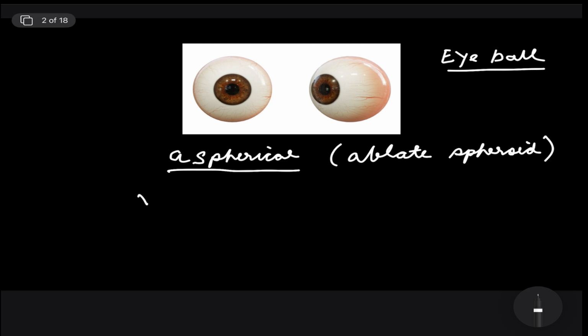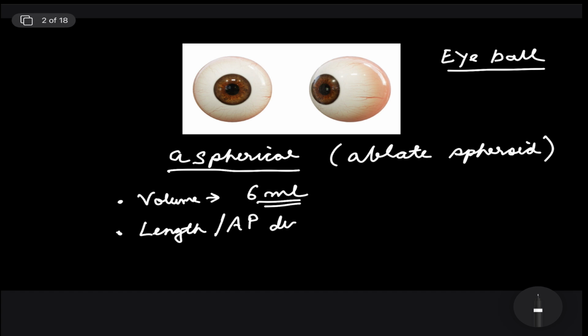Second fact about the eye is, since it's a 3D structure, what is the volume of the eyeball? Well, it is 6 ml, 6 milliliters. Then, what is the length, or rather, let me be more specific, what is the anteroposterior diameter of the eyeball?